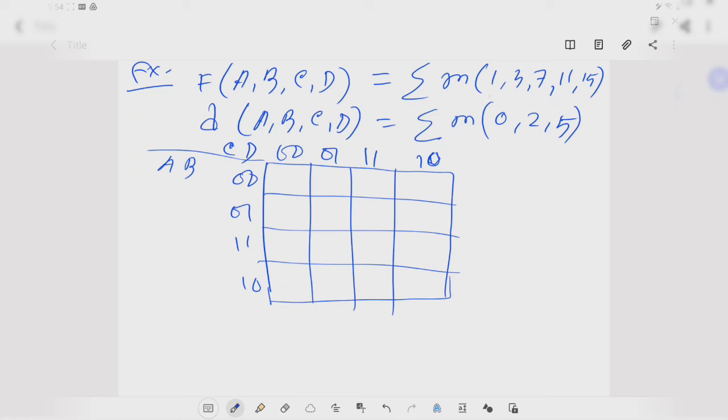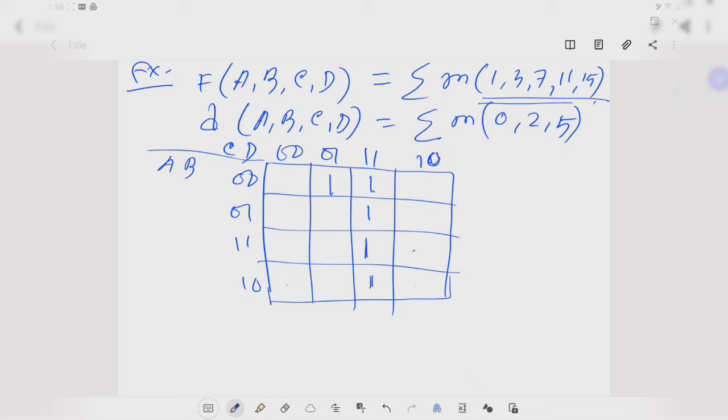For the minterms we have 1, 3, 7, 11 and 15. The cells are numbered 0 1 2 3, 4 5 6 7, 8 9 10 11, 12 13 14 15.